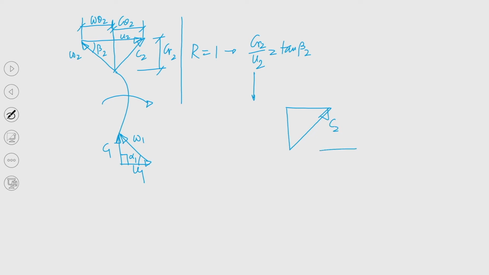This is CR2, this is C2, this is CR2, this is U2, and this is W2, and this angle is beta 2. So for this particular case, the velocity triangle at the outlet will look like this, that is, CR2 by U2 equal to tan beta 2. So for degree of reaction r equal to 1, when CR2 by U2 equals tan beta 2, this is the velocity triangle. Okay. Now, the pump impeller will be like this.